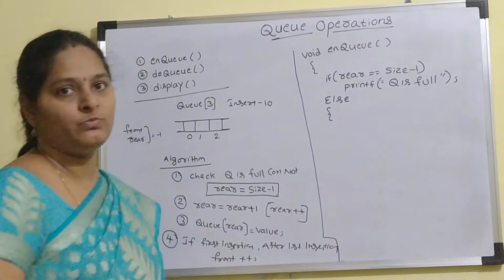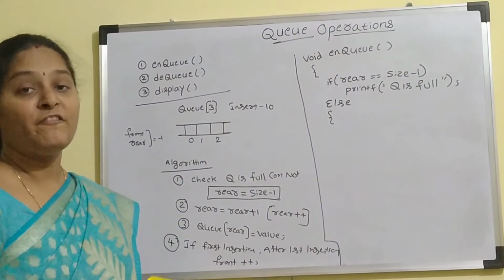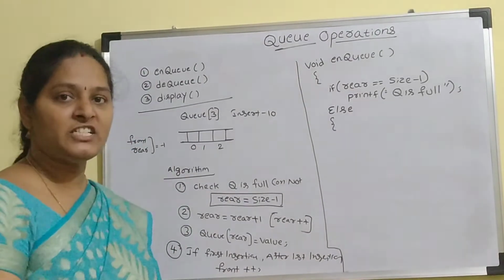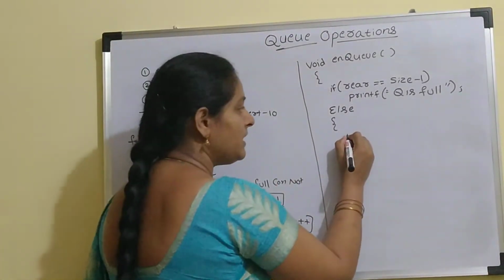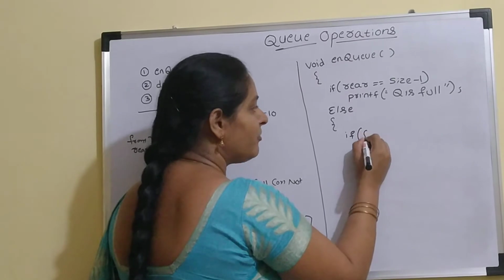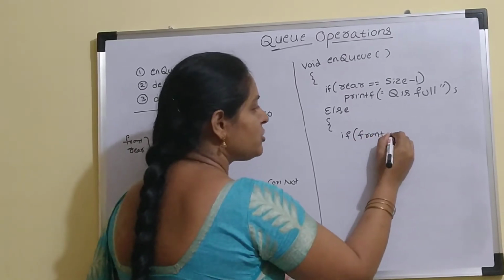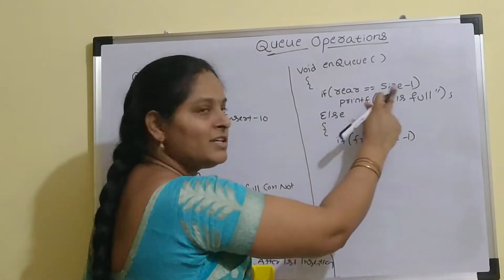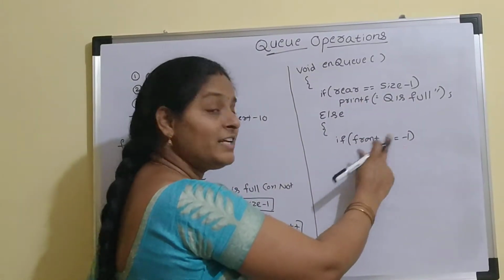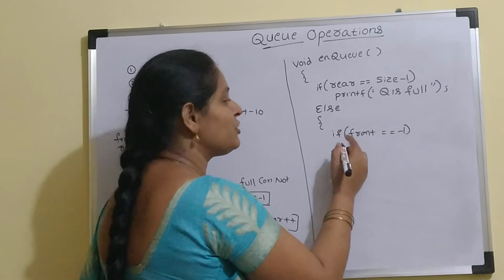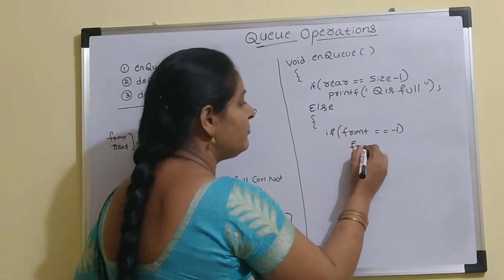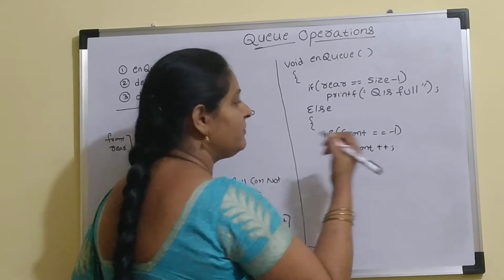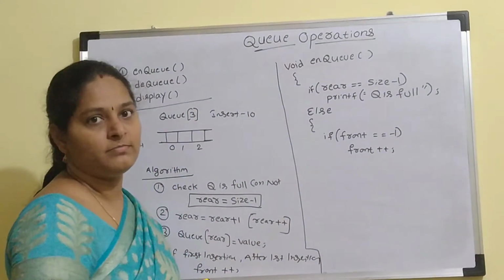then what to do? Suppose you are inserting for the first time. If you are inserting for the first time, the front pointer points to -1. If front equal to -1, the queue is not full but front equals -1, in that situation, increment the front pointer by 1.